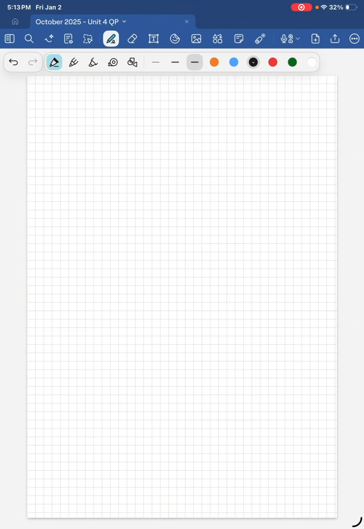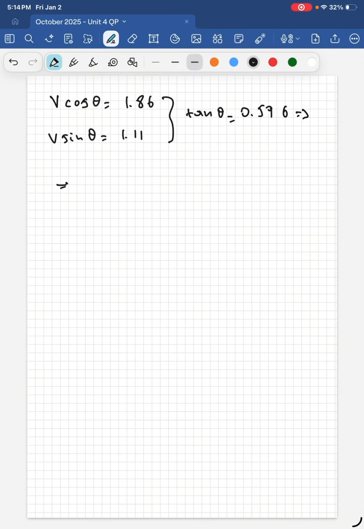If we carry on the calculations, we find v cosine theta equal to 1.86 and v sine theta equal to 1.11. If we divide these two, we find that tangent of theta is 0.596, which means that theta is 30.82 degrees.